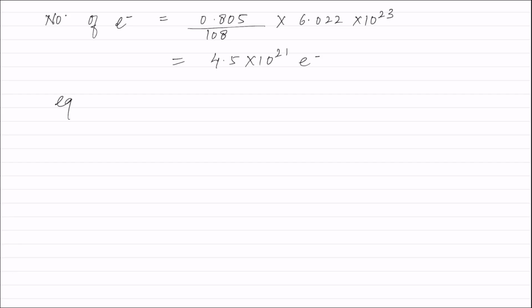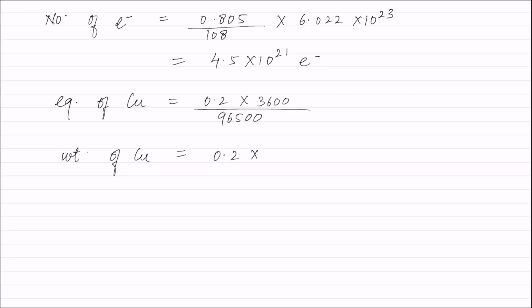Therefore, equivalence of copper is equal to number of Faradays of electricity passed, which is equal to 0.2 into 3600 divided by 96500, and from this, weight of copper will be equal to equivalence of copper, that is 0.2 into 3600 divided by 96500, into equivalent weight of copper.